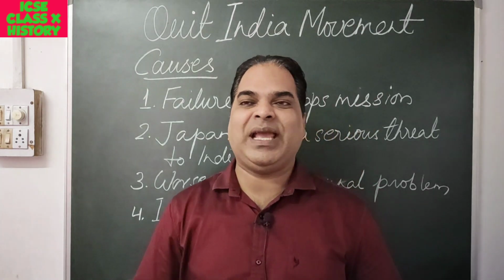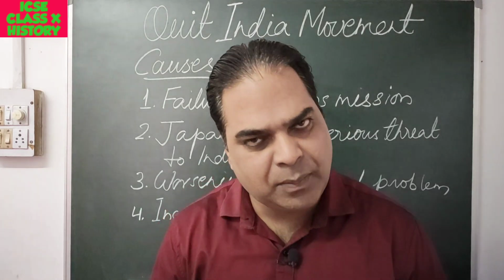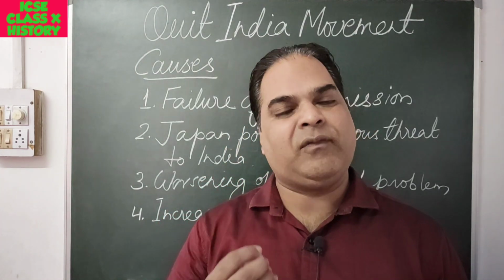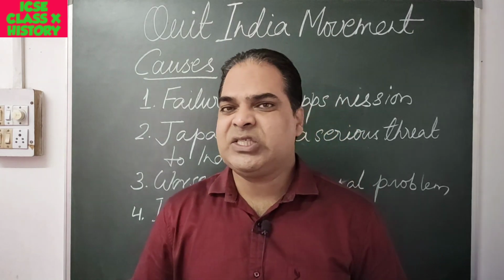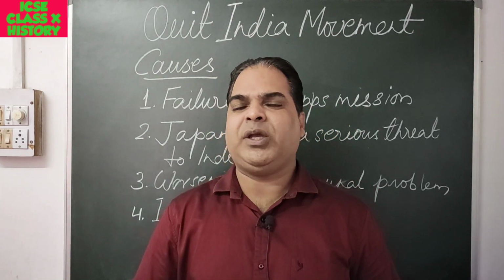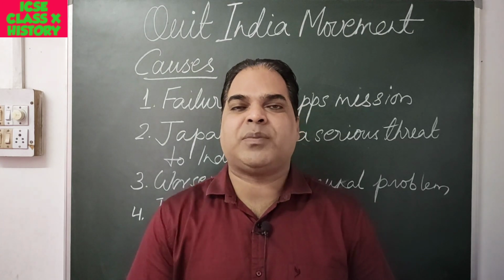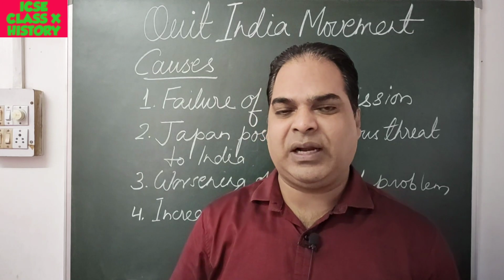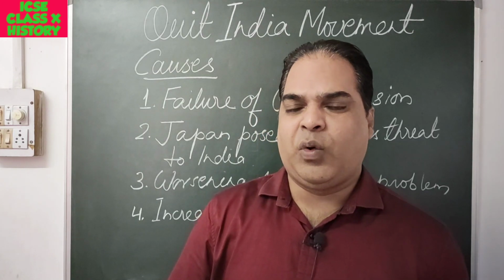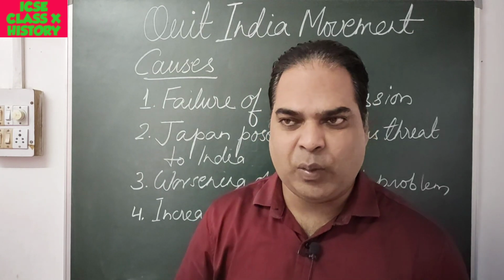The Cripps mission came to India on 22nd March 1942. The main intention of the Cripps mission was to get the support of the Indians during the war. The movement that was going on was disturbing the British government in the war.